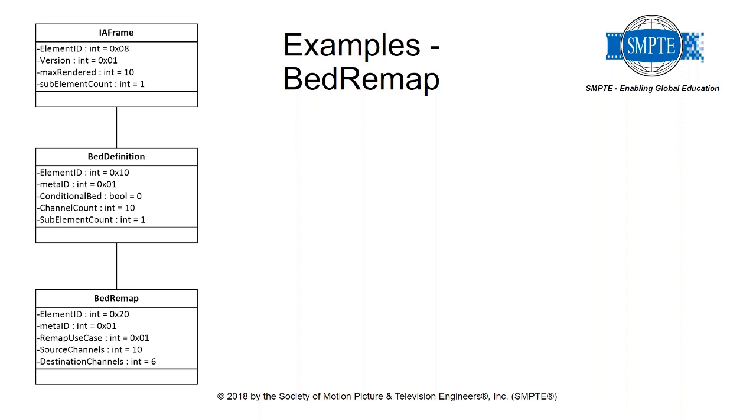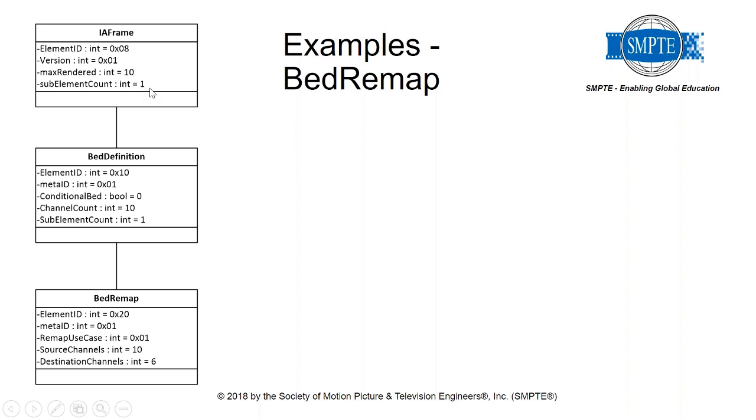Max rendered is a number which indicates to the renderer how many audio elements it's going to have to deal with, and this is a combination of the maximum number of channels and objects that might be rendered at any given time within that frame, and we'll see how that works in a minute.